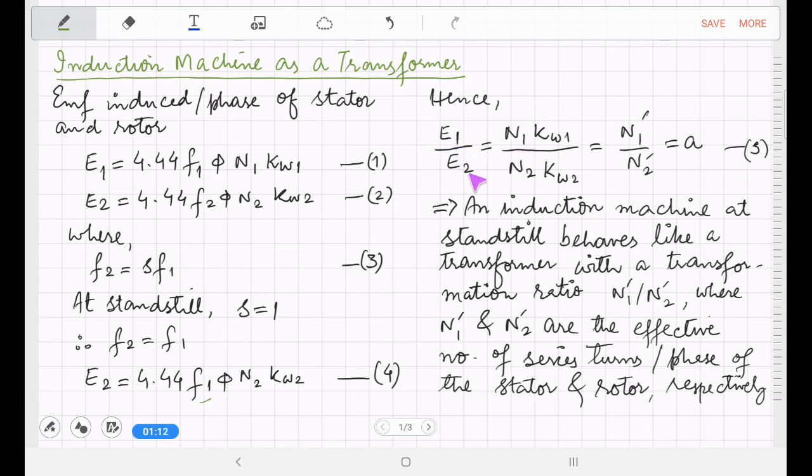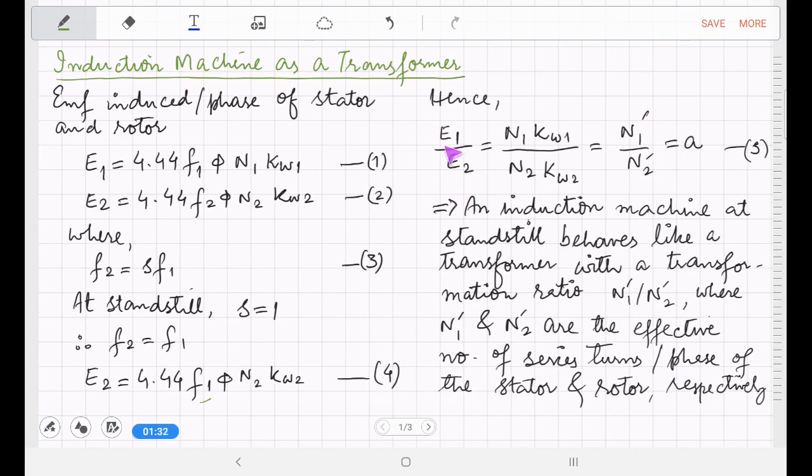So we'll have E1 by E2 equal to N1 kw1 by N2 kw2, which, since N1 and kw1 are constants, and similarly in the denominator, can be written as N1 prime by N2 prime, which is a constant a.